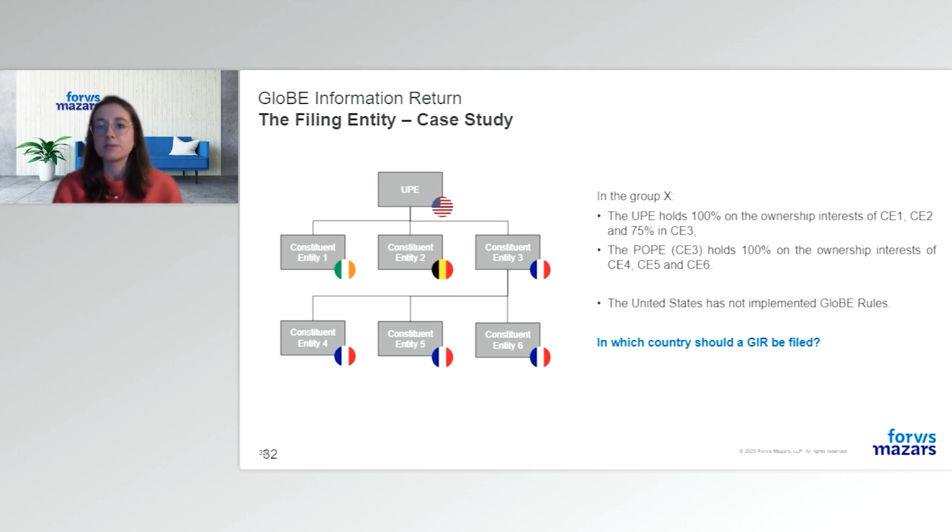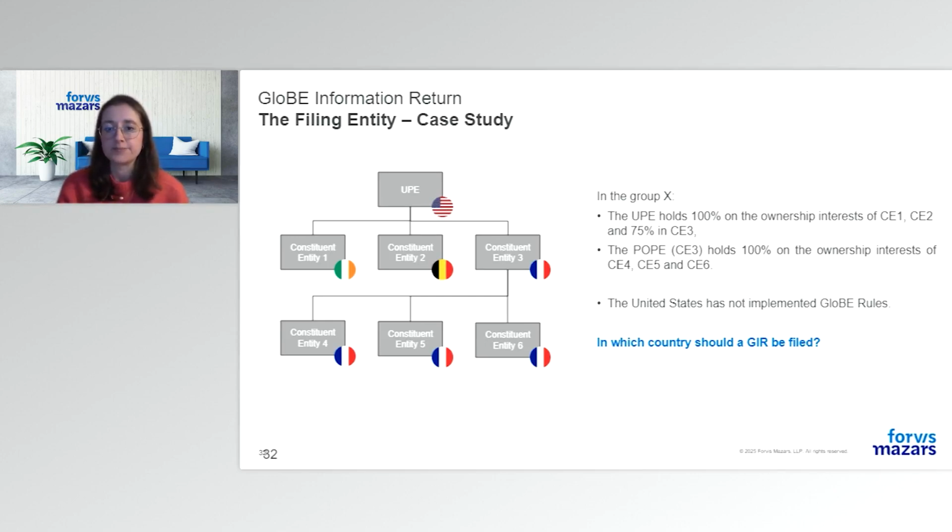However, there is the possibility to have a designated entity file the GloBE information return, and if there are qualified competent authority agreements between the European entities, we can refer to one European entity to file the GloBE information return.